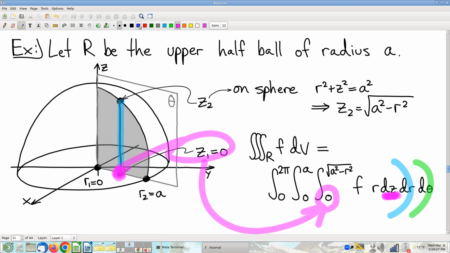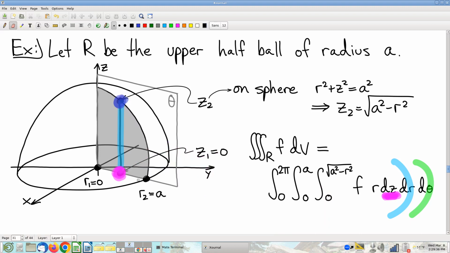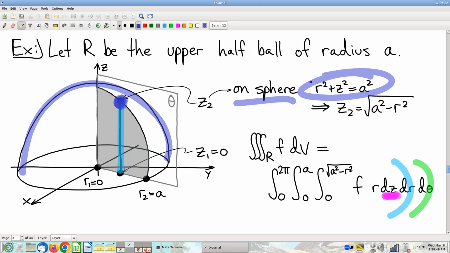And let's see, where does z end? Z ends at that point right there, which is, now here's where we have to start really being careful. What can I say about this point here? Well, it's on the sphere. What do I know about the sphere? Here's the equation of a sphere. Cylindrical equation, of course, because I'm interested in cylindrical variables.